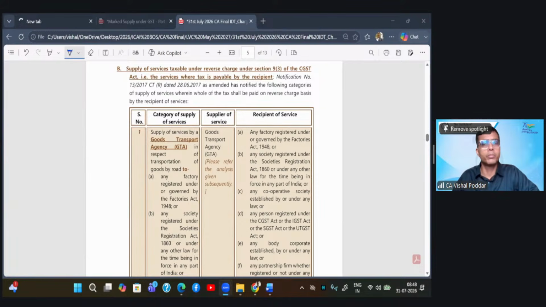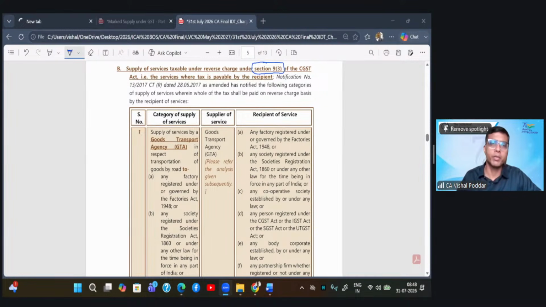Now, students, we come to the list of those services which are under RCM. Now, here we are reading the list which is notified as per section 9(3) and later 5(3). Now, in this 9(3) list, we will get to know what are the services and what are the underlying conditions for those services that will make it covered under RCM.